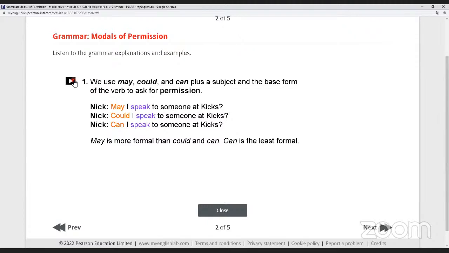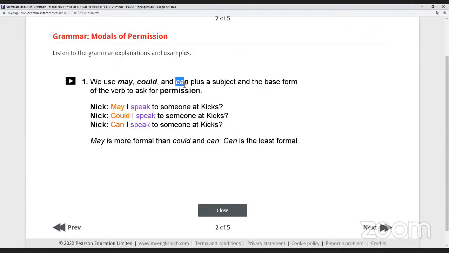Right. So we often use verbs with modal meanings to talk about permission, and in some cases, it depends on the context of an obligation, right? The first one is can. As we can see, can I speak to someone at Kicks? We often use can to ask for and give permission. There is no difference in meaning, it's almost the same.